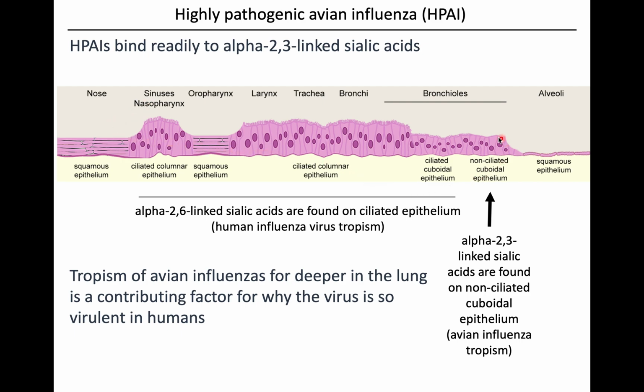However, this one group of cells pretty deep in the bronchioles, the non-ciliated cuboidal epithelium, do tend to have that 2,3 linkage. So, again, if you get a high enough dosage that the virus is reaching those cells, it may be able to establish that infection, and it's establishing it from the get-go deep in the lung, and so that may contribute to the severity.